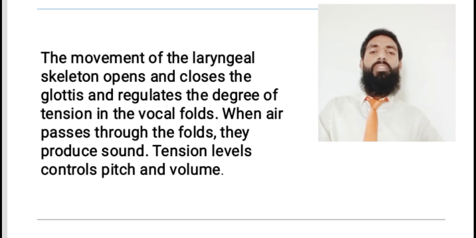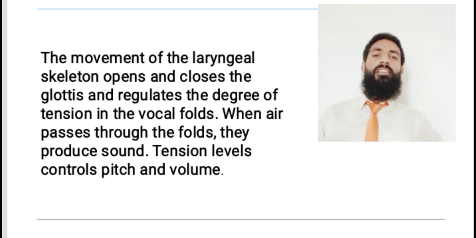the movement of the laryngeal skeleton opens and closes the glottis and regulates the degree of tension in the vocal folds. The air passes through the folds, they produce sound, and tension levels control the pitch and volume.